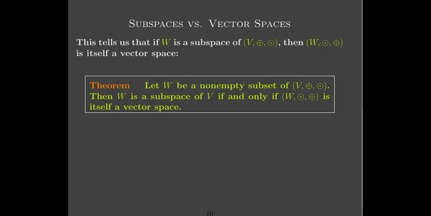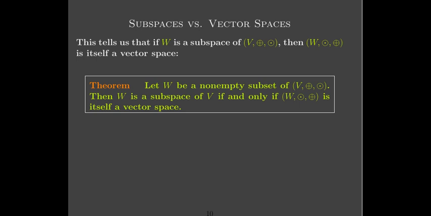So, if W is a subspace of a vector space, then W itself is going to be a vector space. And I don't know why I changed the order here. That's just a typo. It should be O plus and then O dot.